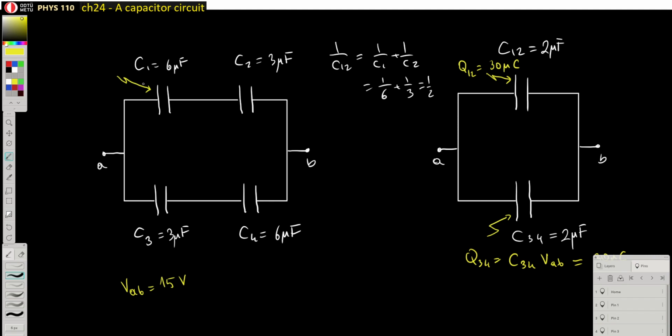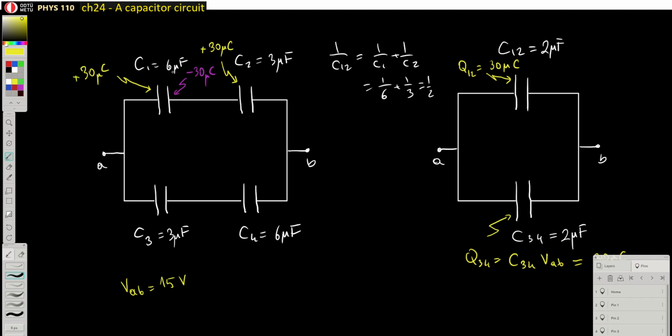We are saying that this plate should have 30 microcoulombs in here, which means, I'm going to use a different color for the negative plate, that I need to have minus 30 microcoulomb charge on the negative plate, because this capacitor should be charge neutral, which means on this capacitor in here, the positive plate should have a positive 30 microcoulomb. So let me put a plus sign in front.